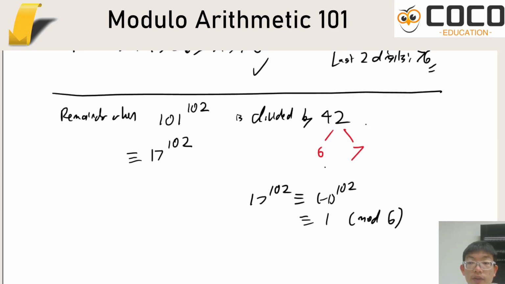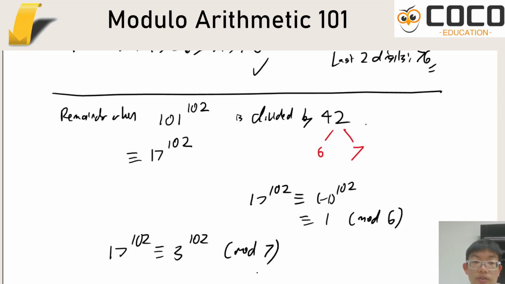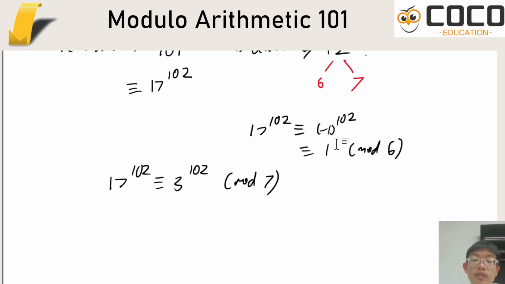So I already have one of these, and how do I get the one for 7? 17 reduces to 3.